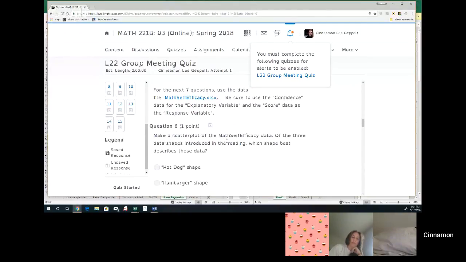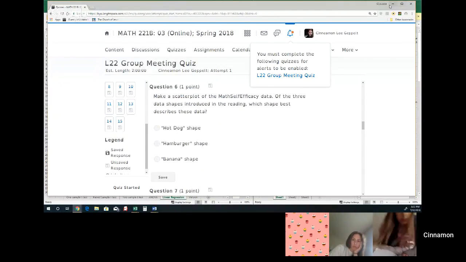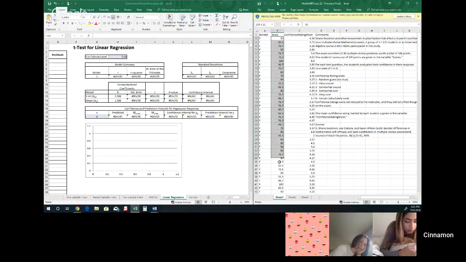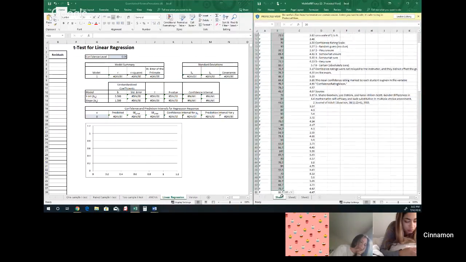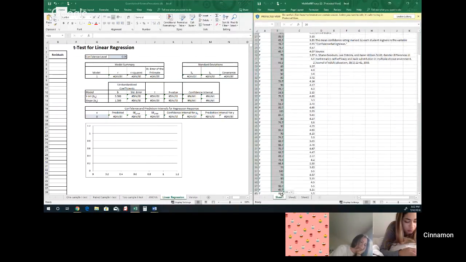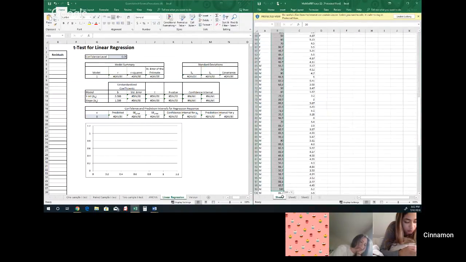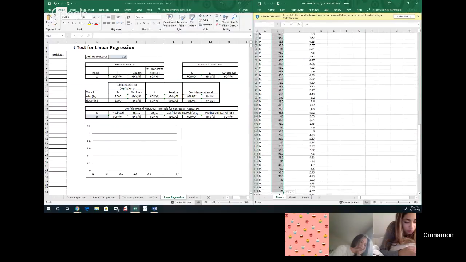Okay, make a scatter plot of the math efficient data of the 3 data shapes introduced in the reading. Which shape best describes the data? Okay, I will. Let me drop that one down and I will put this in. Oh, this is that long one.